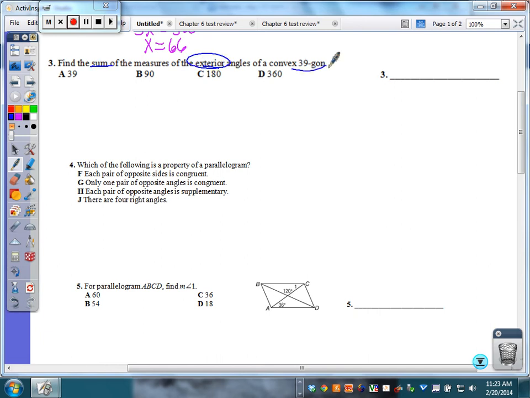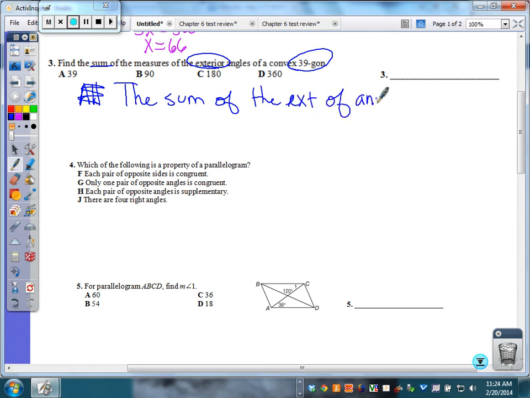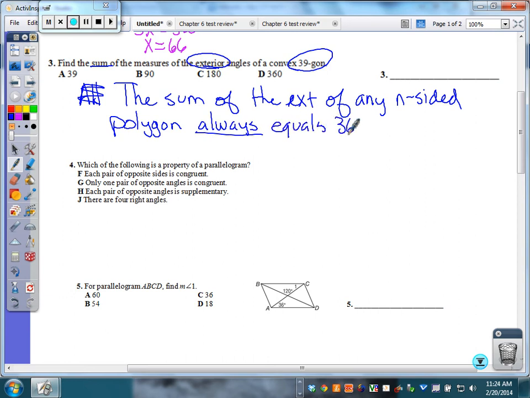Well, I don't even really care how many sides it has, because the sum of the exterior angles of any n-sided polygon always equals 360.